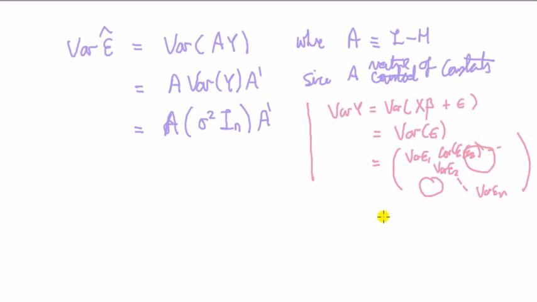So since each of these along the diagonal, the variances are assumed constant, being equal to sigma square, you can take sigma square out, so that ends up being sigma square times a matrix of zeros except for one along the diagonals, which is the definition of our identity matrix with dimension n. Okay, so that's how I get from here to here.